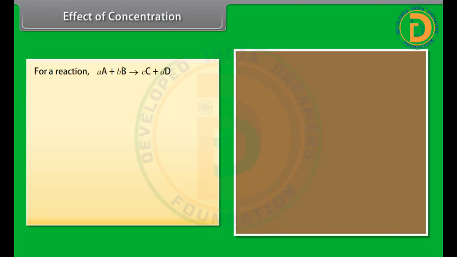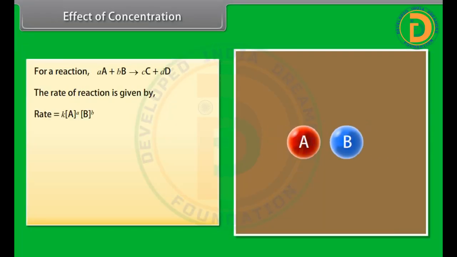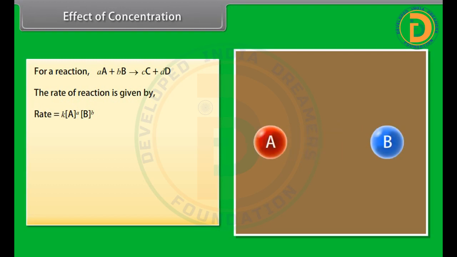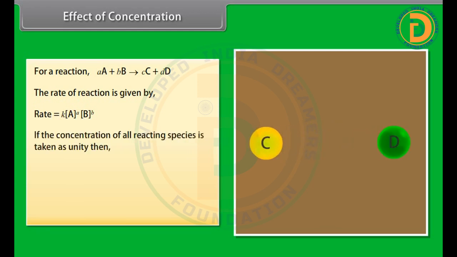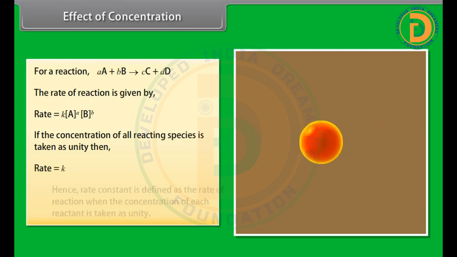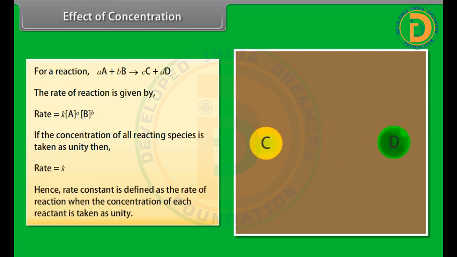For the given reaction, rate of a reaction is equal to K times A raised to the power a, times B raised to the power b. If the concentration of all reacting species is taken as unity, then rate is equal to K. Hence, rate constant is defined as the rate of a reaction when the concentration of each reactant is taken as unity.